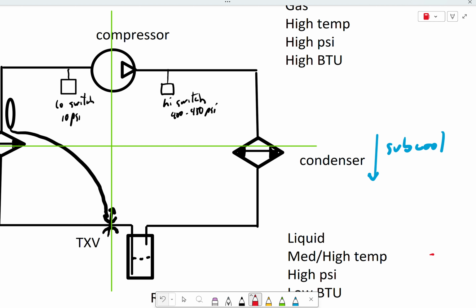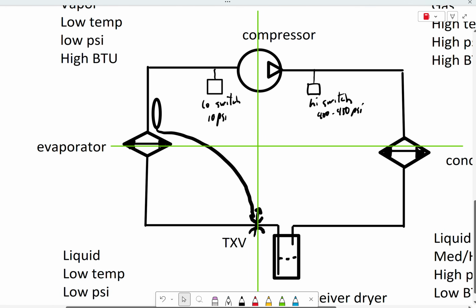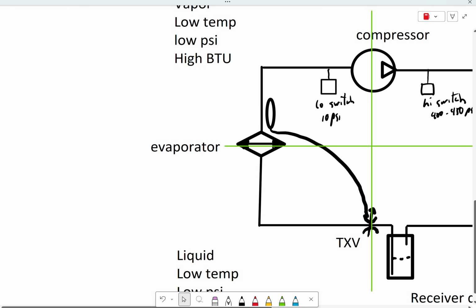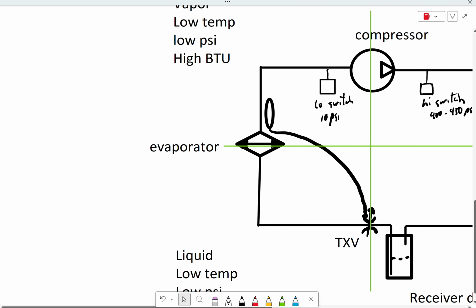And if you can't get rid of the heat over on the condenser side, that means that refrigerant is still going to have all the heat in it, and it's going to be very difficult for us to do what we want to do over on this side. On this side, we do want some superheat. Okay. How much superheat do we want?